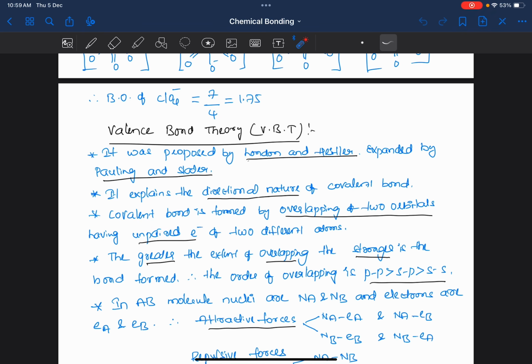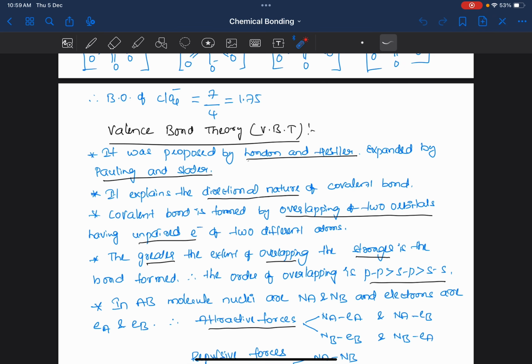The greater the extent of overlapping, the stronger the bond formed. Therefore, the order of overlapping is: p-p bond is strongest, then s-p bond, then s-s bond. That means p-p overlapping is greater than s-p overlapping, which is greater than s-s overlapping.